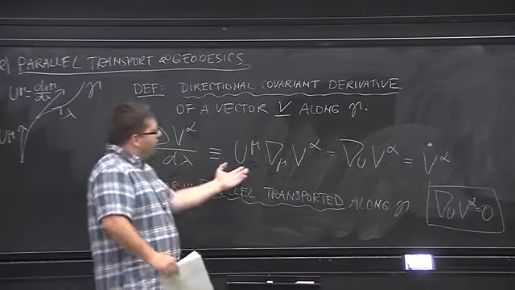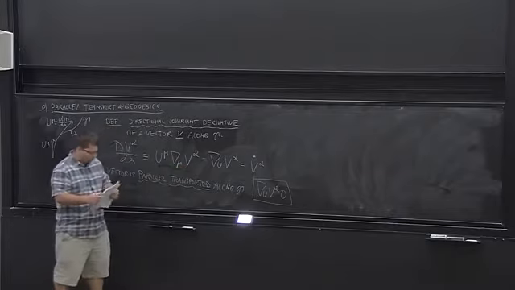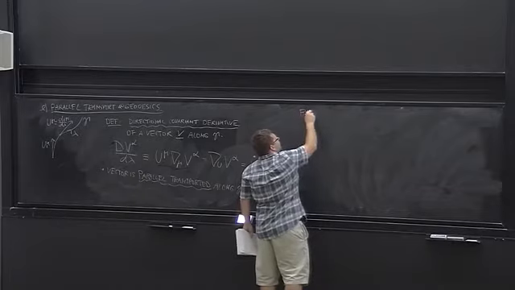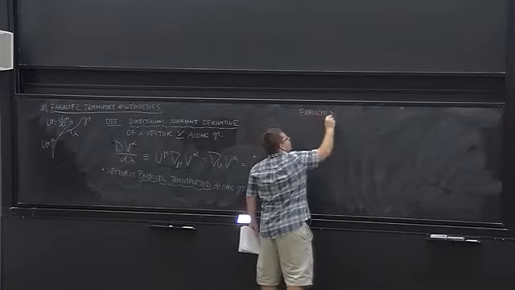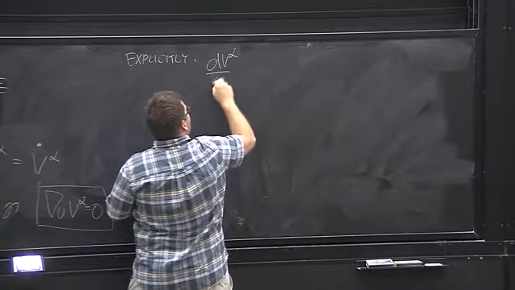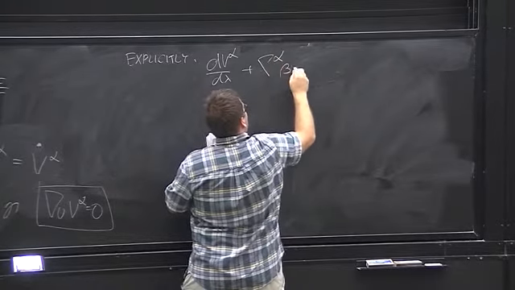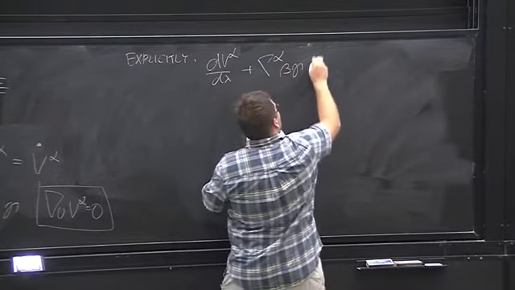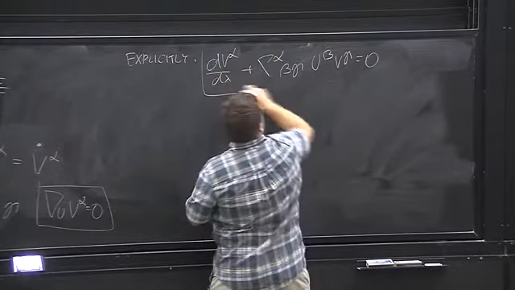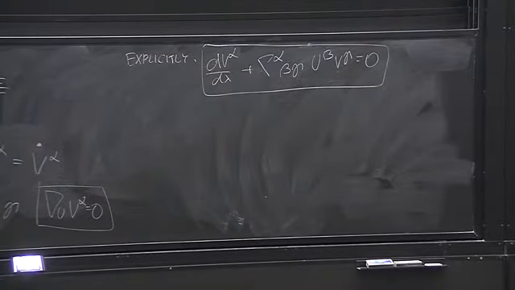Now expanding the covariant derivative in terms of the partial derivative plus the connection term, this explicitly gives d v alpha d lambda plus gamma alpha beta gamma u beta v gamma equals 0. So the vector v is parallel transported along u, provided that this is true.